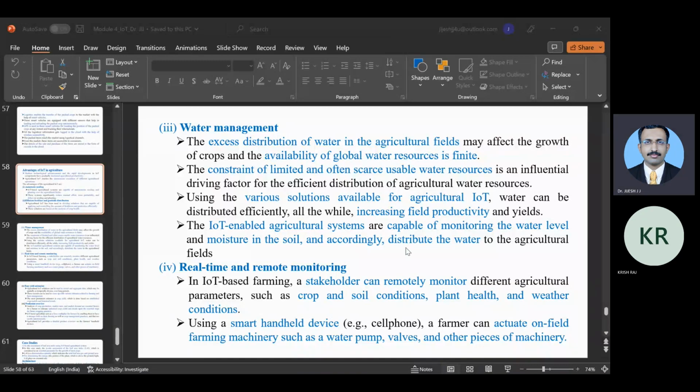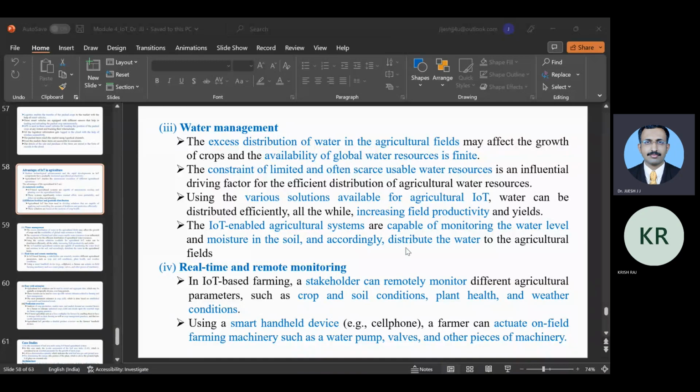What is real time remote monitoring? If you are at any point of contact, you can monitor the entire process.